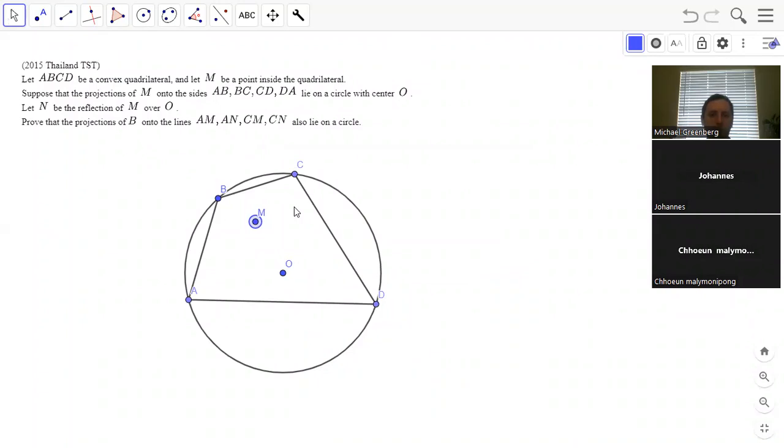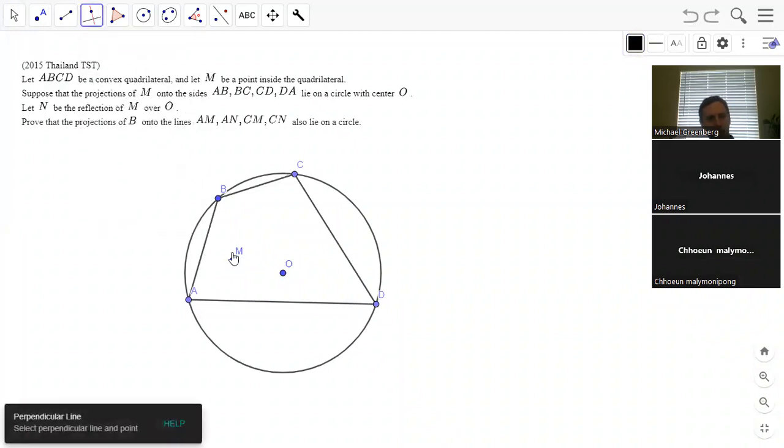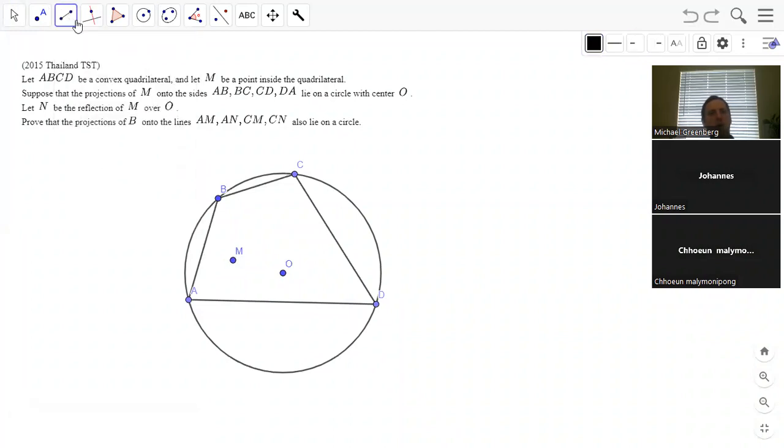Okay, so I want the projections to be on BC, A, and B, right? Yeah, so you just draw a perpendicular to BM through B, and the same for the other 3 points, and then you just get the quadrilateral.